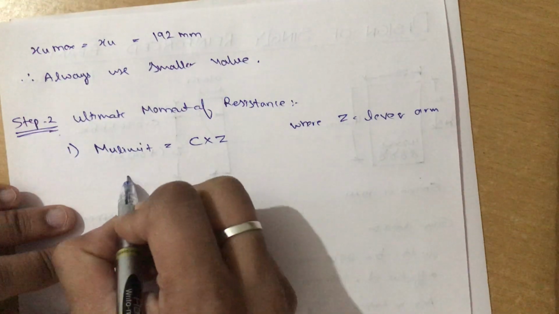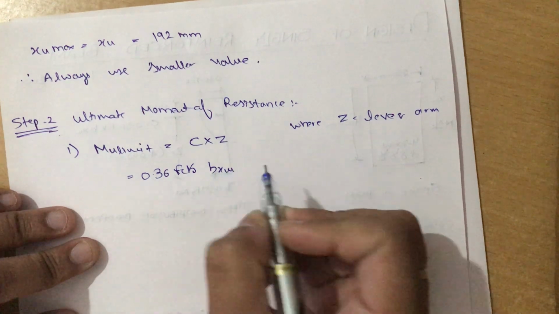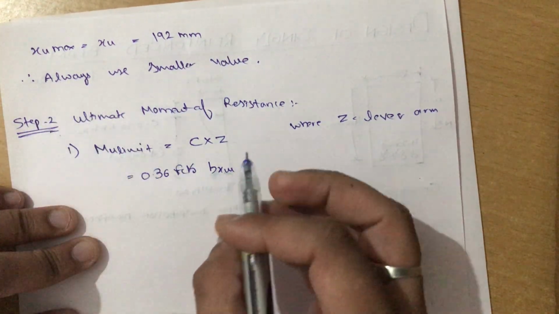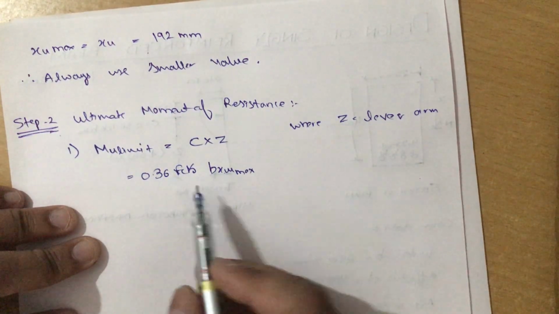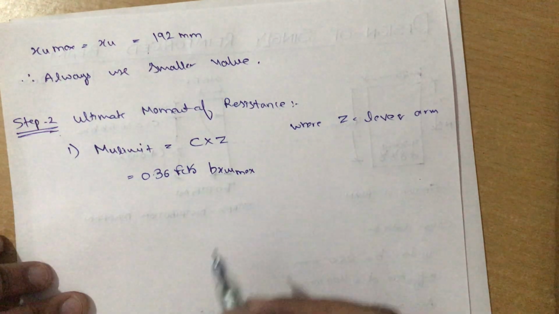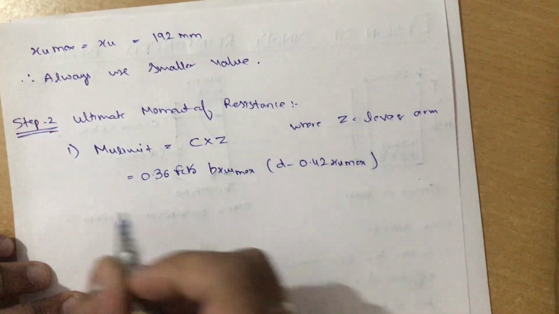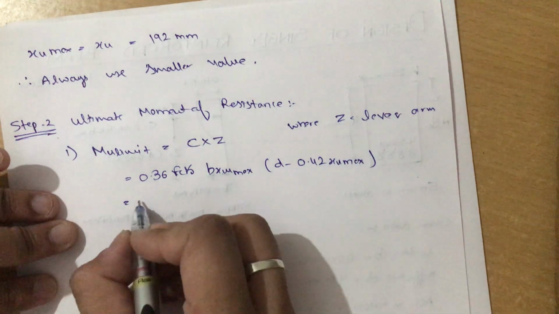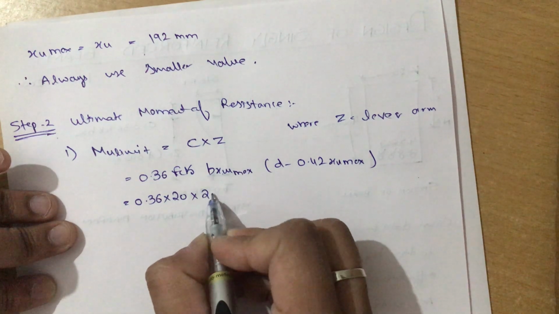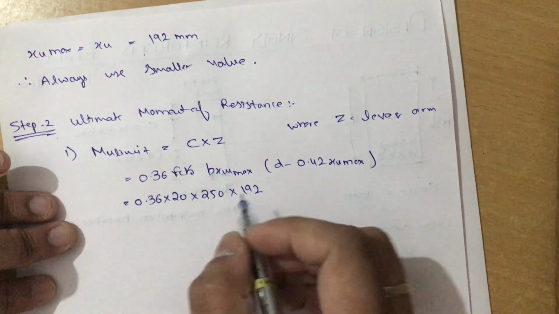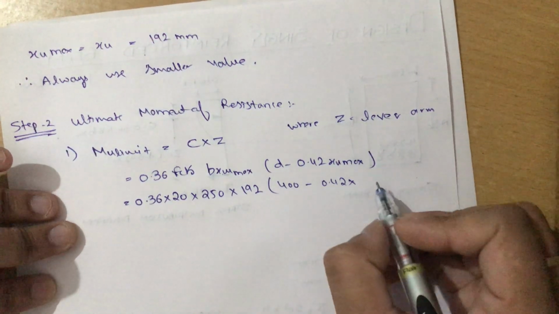So put the value 0.36 fck b xu. Always use the xu that we have considered now, that is xu maximum. So 0.36 fck b xu maximum, into D minus 0.42 xu maximum. Now put all the values in this equation: 0.36 into 20 into b which is 250, and xu which is 192 mm, into D which is 400 minus 0.42 into 192.